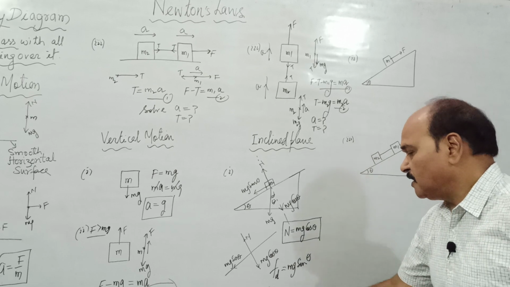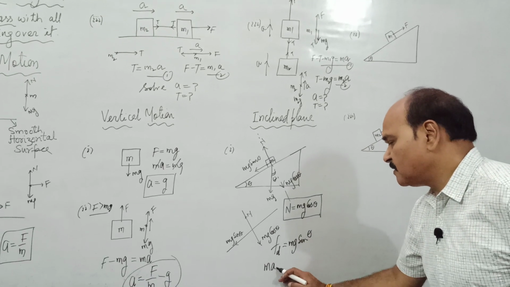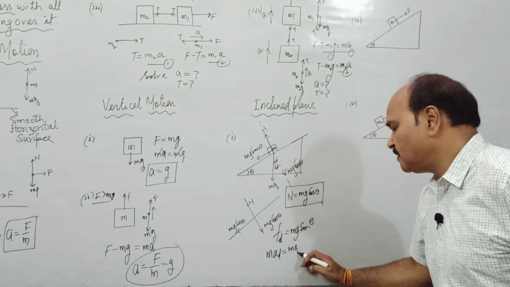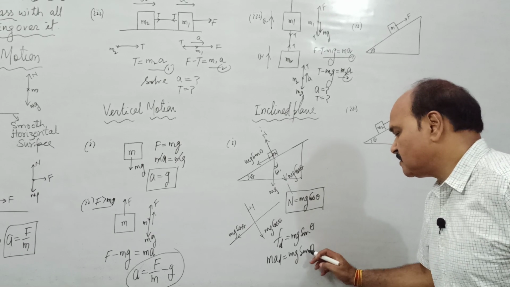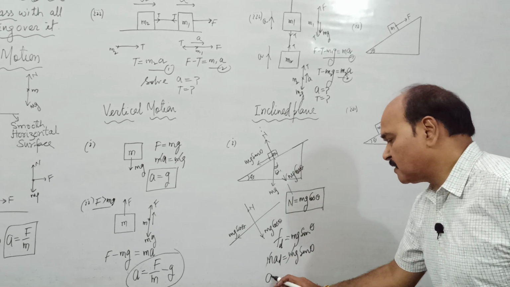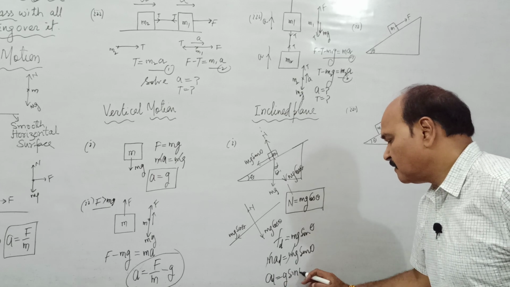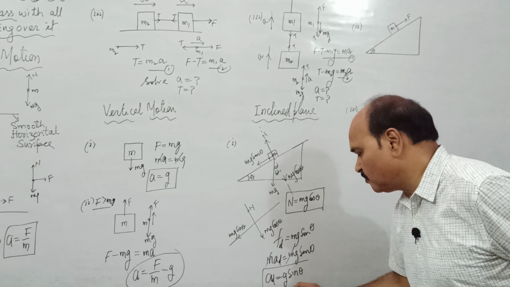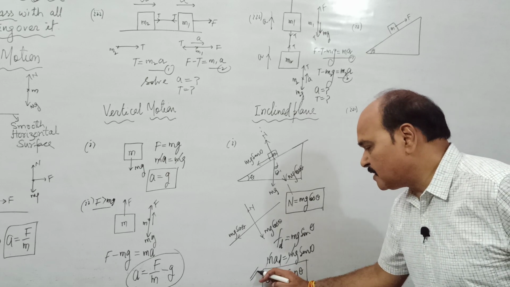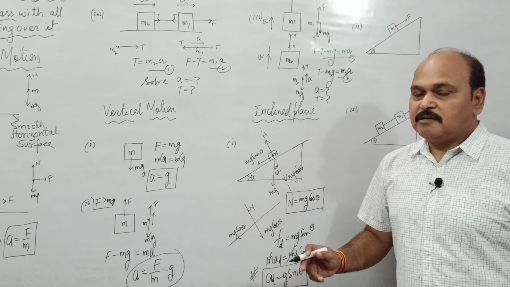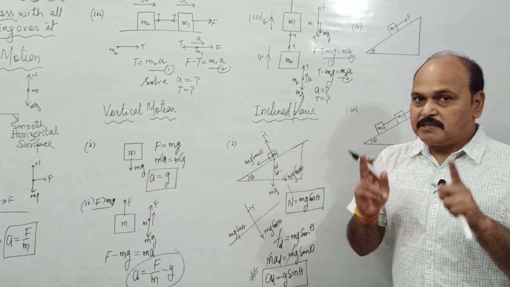Net force is equal to mass times acceleration, and that is equal to mg sin theta. And you can see that m cancels out. What do we get? Acceleration down the incline is g sin theta. That means a body placed over a smooth incline would move itself down the incline with an acceleration g sin theta.